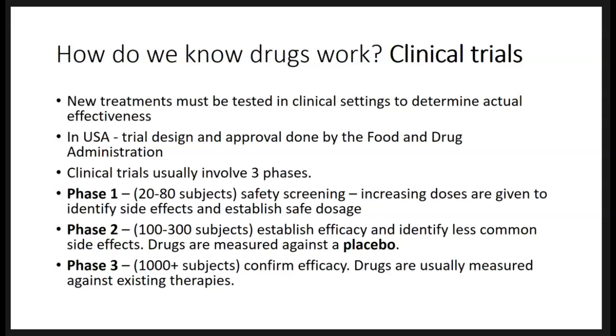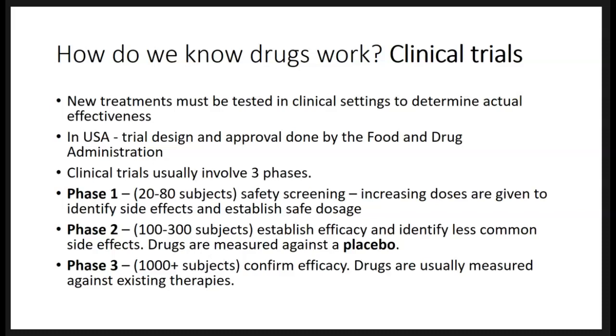In phase 1, this is the first phase where the drug is moved into and studied in people. The goal of this phase of the trial is safety. Determine whether or not the drug is safe and at what dose it's safe. So a small number of subjects are given the potential drug in increasing concentrations.